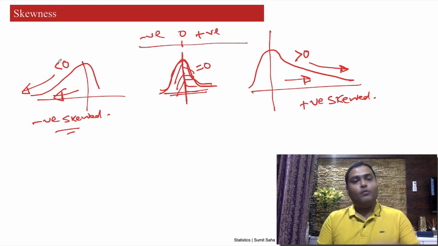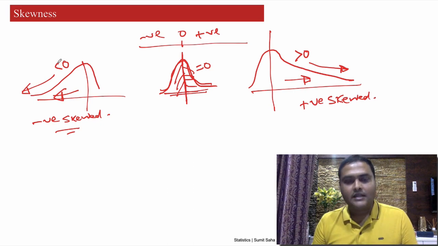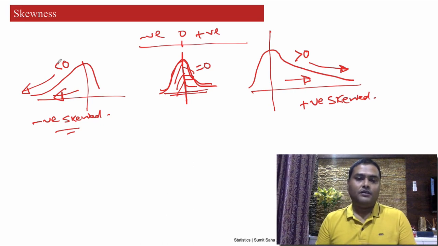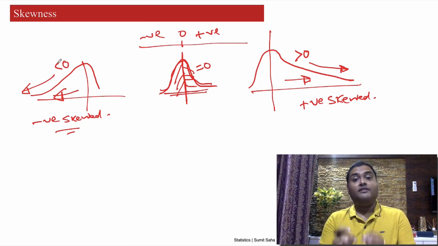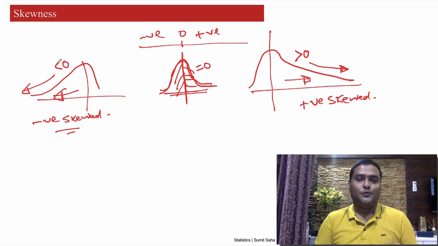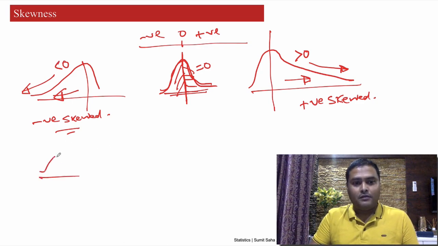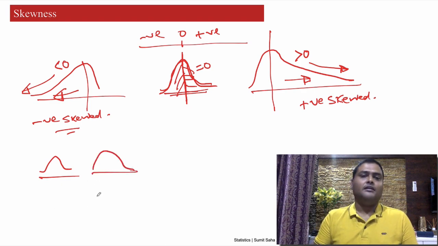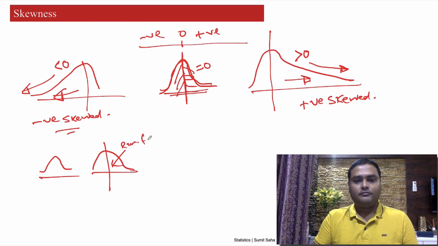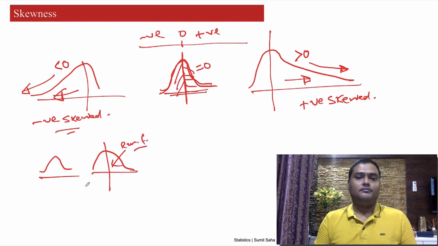Now, in the previous lecture, we explained that the empirical formula is also applicable even if data is slightly skewed. That means even if the data is not perfectly normally distributed, even if it is slightly skewed, in that case also the empirical formula is applicable, right?